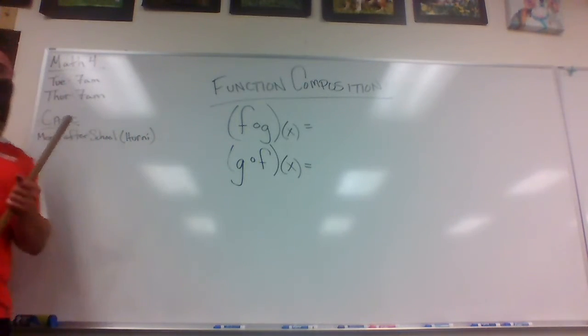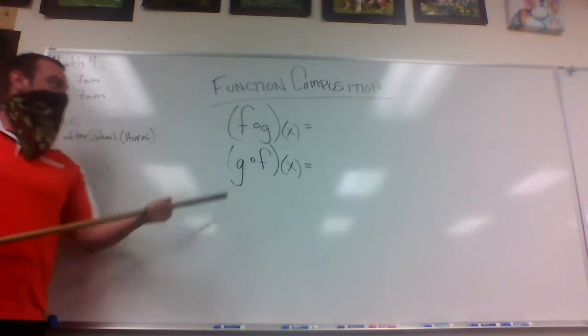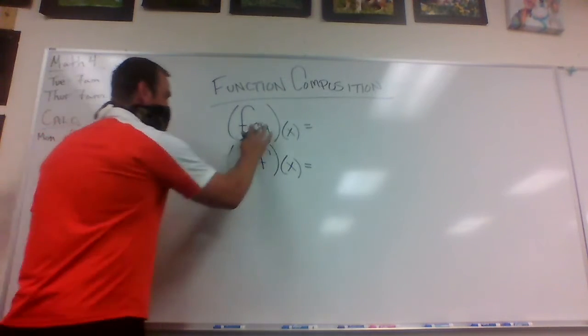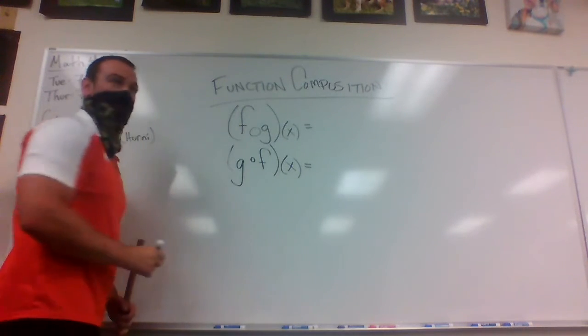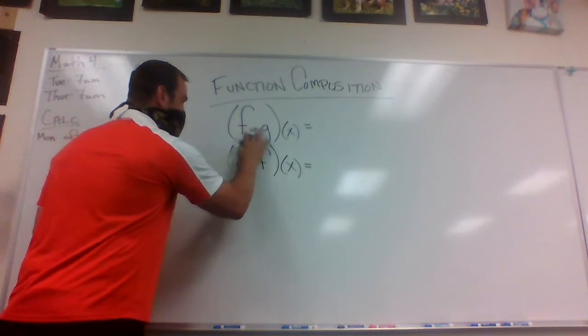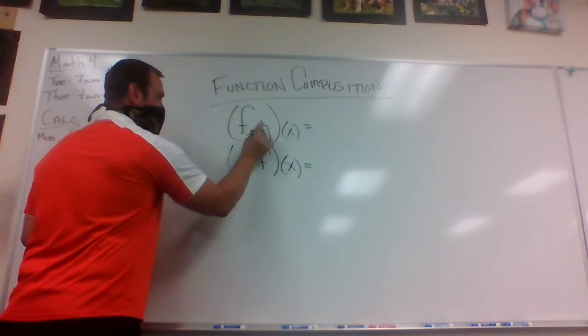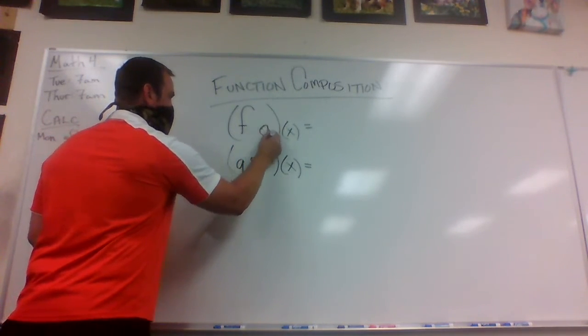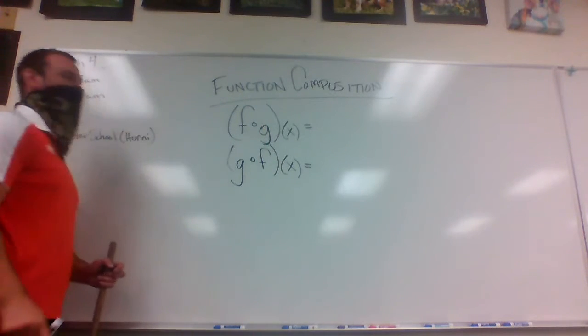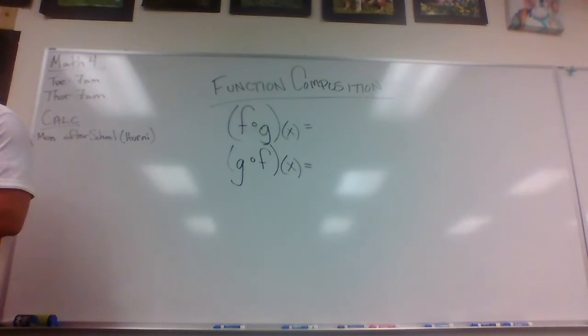So guys, remember f o g and g o f? Remember we don't write it literally as fog. This little o should be floating in the middle, kind of like that. Does it make sense? What does f o g really mean?